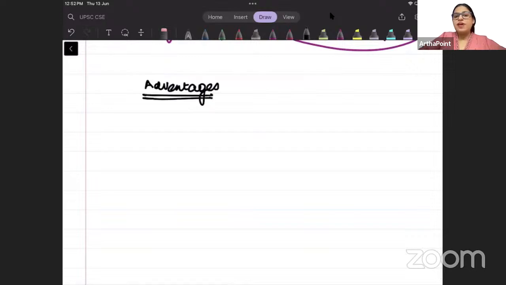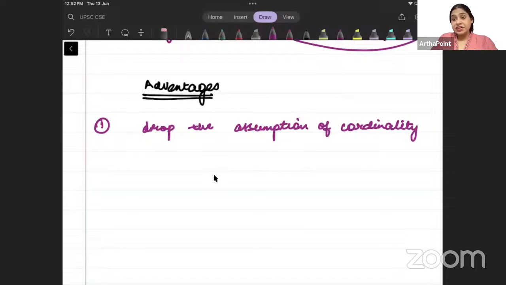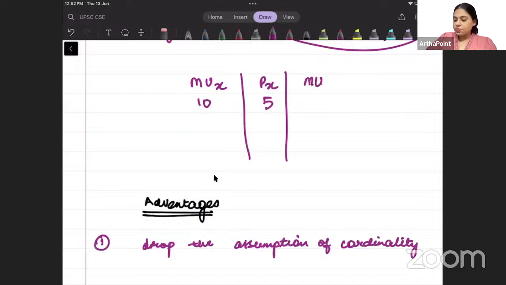So what are the advantages of the ordinal approach? Why should we be using the ordinal approach? The first one is that we can drop the assumption of cardinality. The very assumption that I need to calculate numbers, utility needs numbers. So for example, suppose marginal utility is 10, PX is 5, MUM is 2.